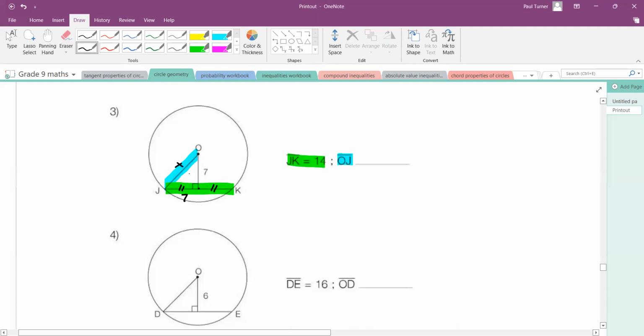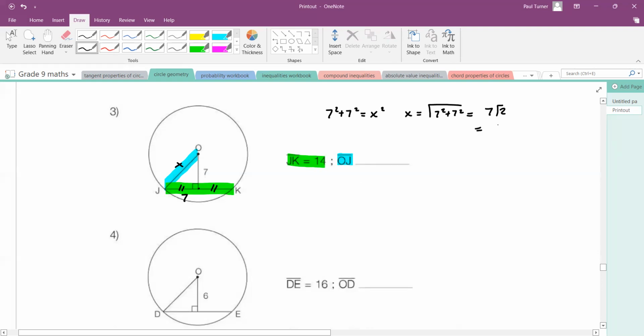So we'll do Pythagoras again on this triangle. So we'll have 7 squared plus 7 squared is equal to X squared. So X will be the square root of the sum of those two numbers. And when you do that, you'll get 7 root 2.